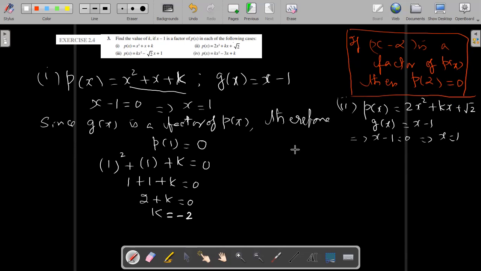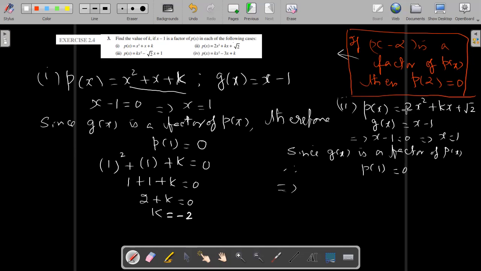Again, you should write each step: since g(x) is a factor of p(x), already given, therefore we can say p(1) will be equal to 0 according to this condition of the factor theorem.